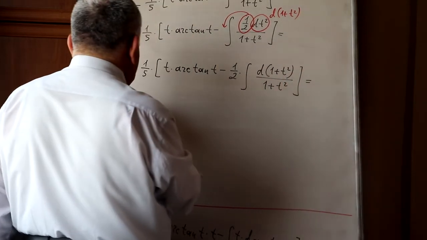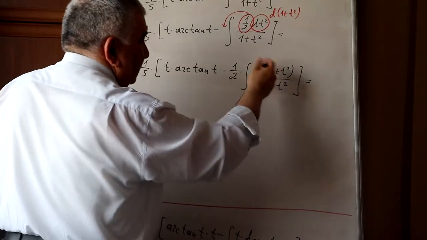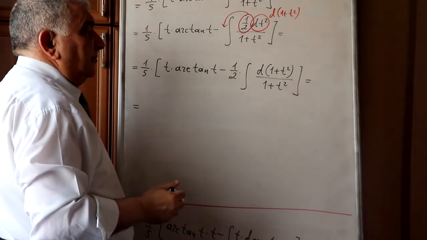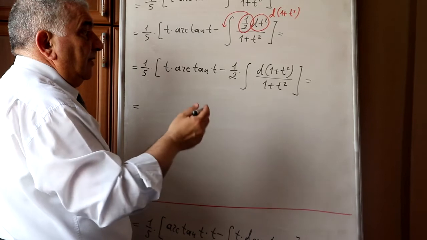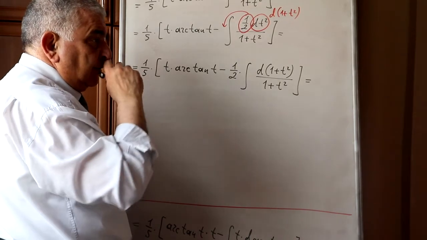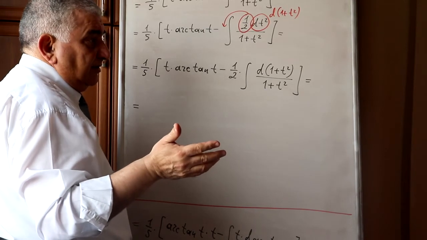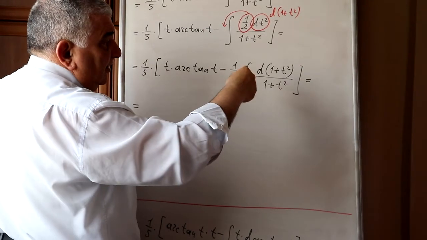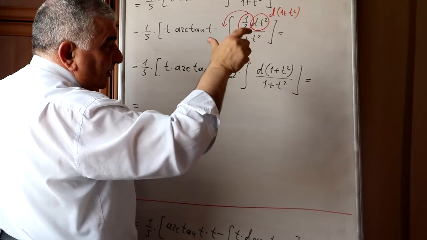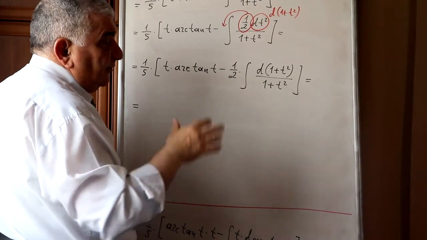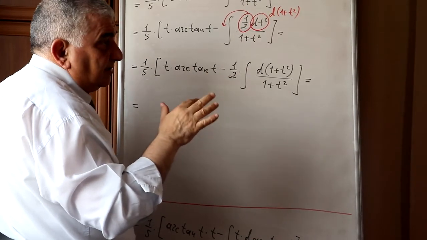Equals, and according to the anti-differential table, it is d of natural logarithm of modulus of 1 plus t squared.